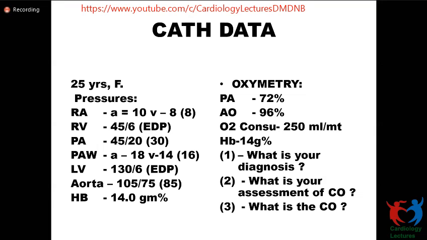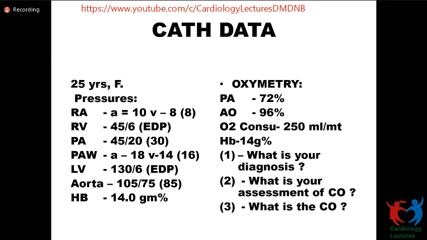Looking at aorta 96%, there is no major desaturation. There may be mild desaturation because 98 is acceptable, 96 slightly on the lower side. Maybe there may be some lung congestion which has resulted in some degree of desaturation.